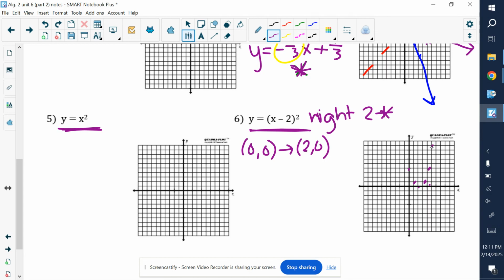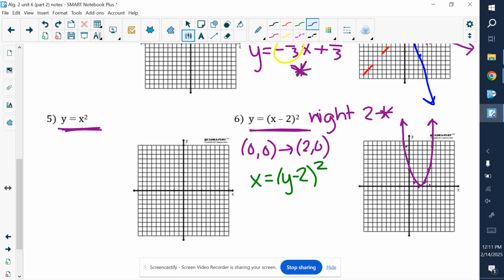Over 3, up 9. My ability to connect those, yours should be better on your paper. All right, now we need to flip-flop x and y. So now we have x equals the quantity y minus 2 squared.